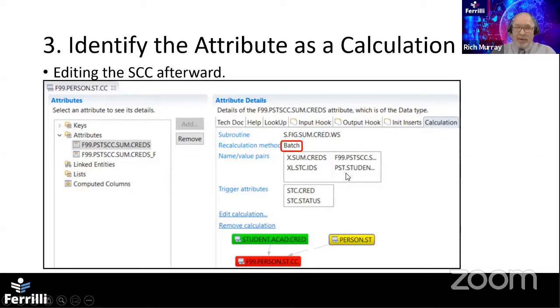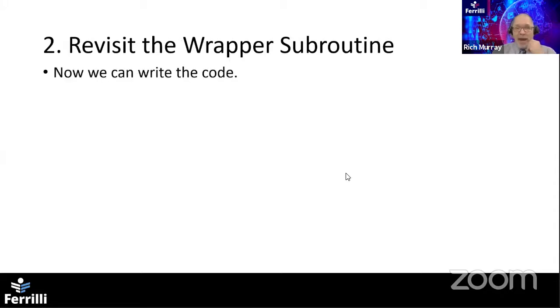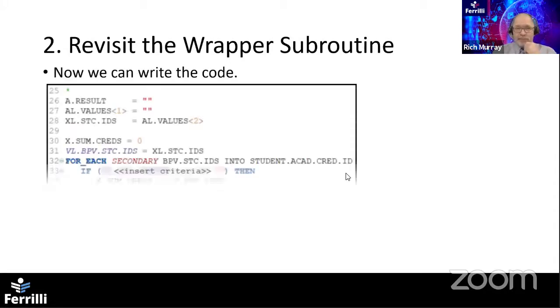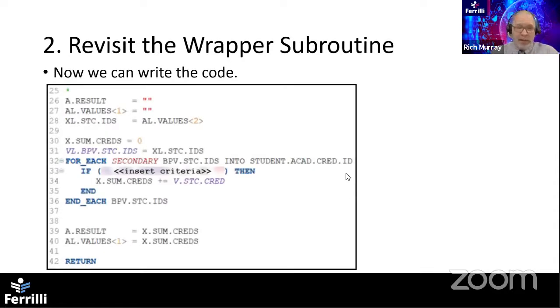So now we can revisit the wrapper subroutine and do the voodoo we need to do, right? So my values, the second value, I'm going to plug that into xl.stc.ids.